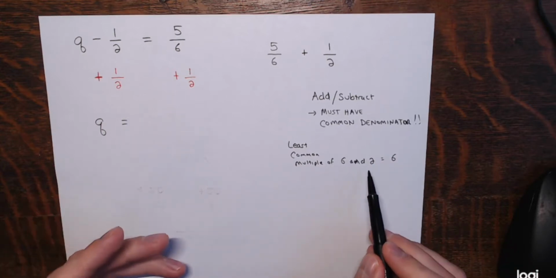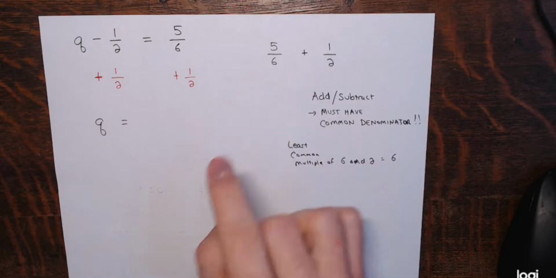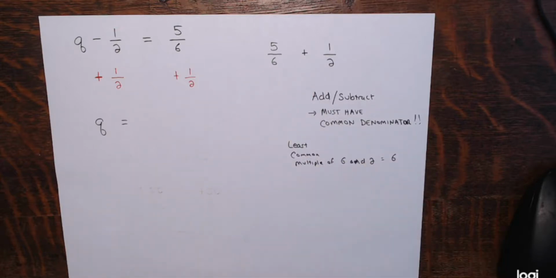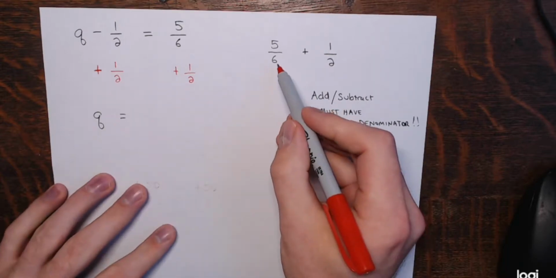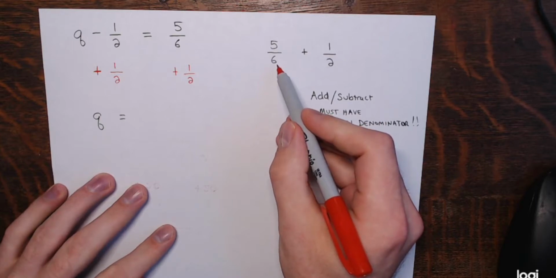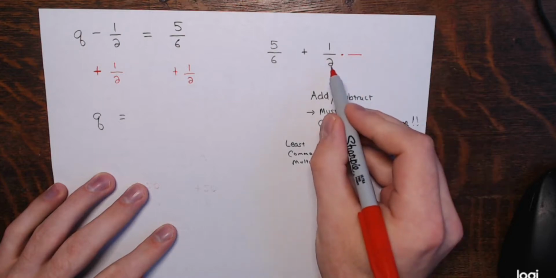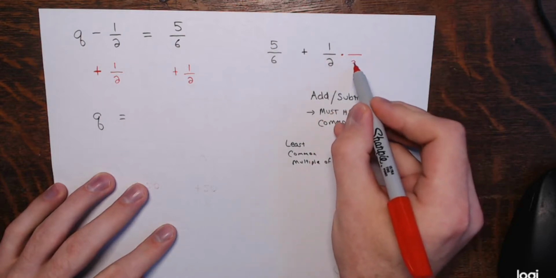And 6 is a multiple of 2, 2 times 3. So I'm going to get both these denominators to be 6. Now the first fraction, don't need to do anything. The denominator is already 6. The second fraction, I need to multiply 2 by 3. Need to multiply that denominator by 3.